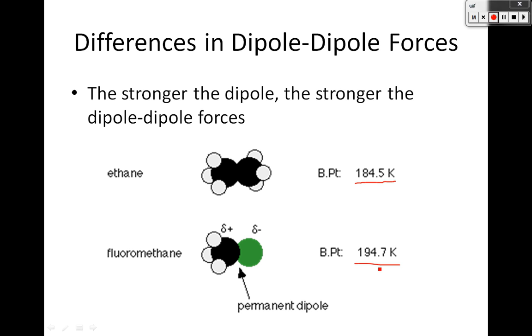It's that permanent dipole that's responsible for the dipole-dipole forces, meaning it's going to have a higher boiling point. It's going to be more likely to be attracted to itself than to go flying off, so it takes more energy to get it to go flying off than it does with ethane.